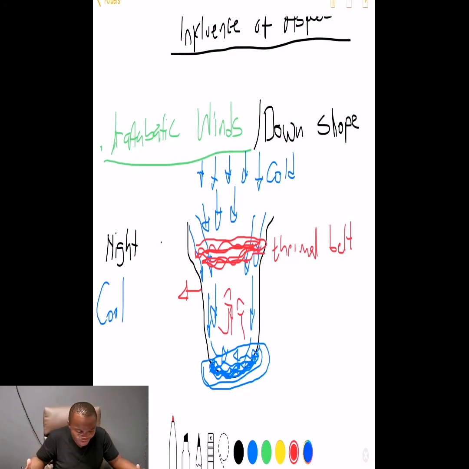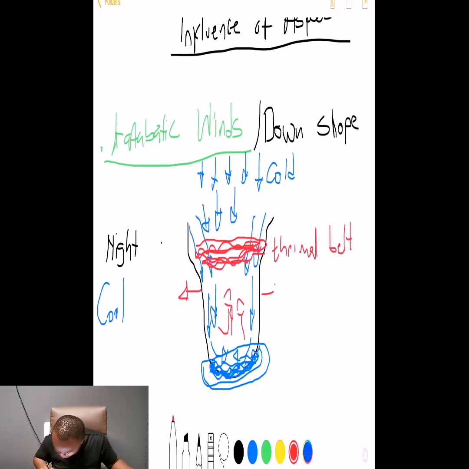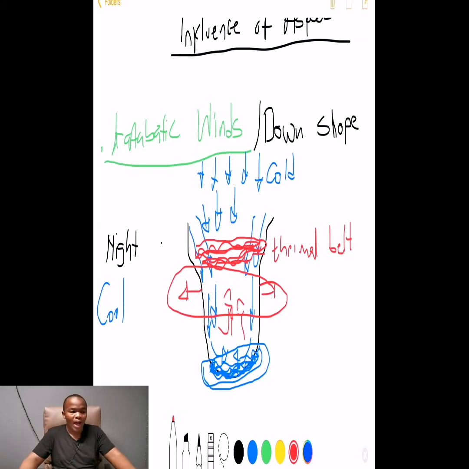The property values in that area, which lies within the thermal belt, are very high. Why is this the case? Because this area is warm, and all people are looking for a warm area.